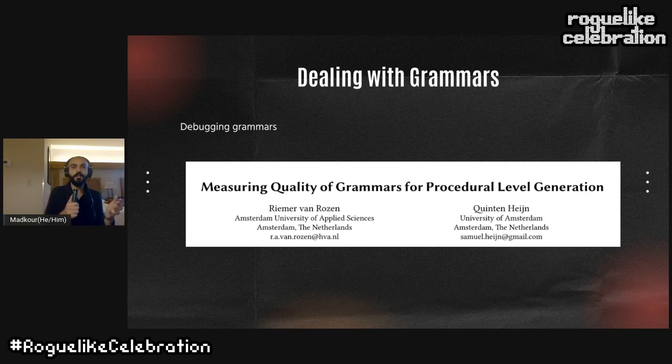If you're more interested in that line of work, check this paper out. I think they have some code on GitHub called Ludo Lite that you might want to check out. The idea is that it helps you come up with these grammars by debugging them. So that's a cool line of work.